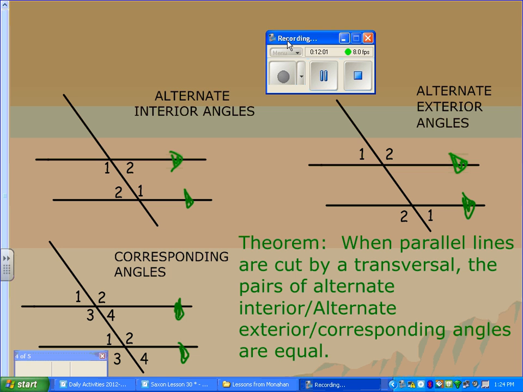Any questions on these three? You've been using this information in problems already, but now they've given you the names, so you need to learn the names and what they mean.